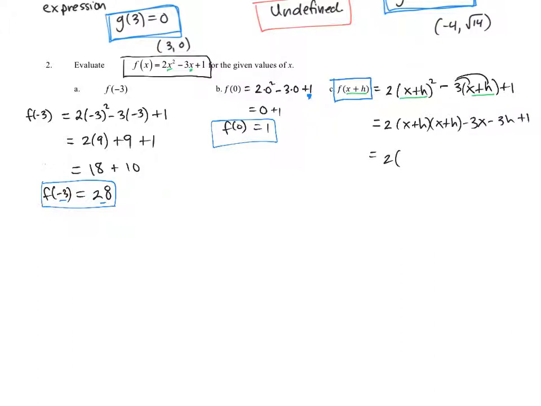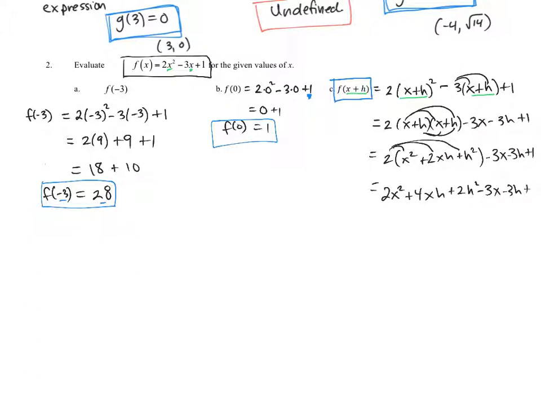Here I would get x squared plus xh plus another xh, so there's 2 of those, plus h squared, minus 3x minus 3h plus 1. Then distributing my 2 to everything, I would get 2x squared plus 4xh plus 2h squared minus 3x minus 3h plus 1, and that is the output.